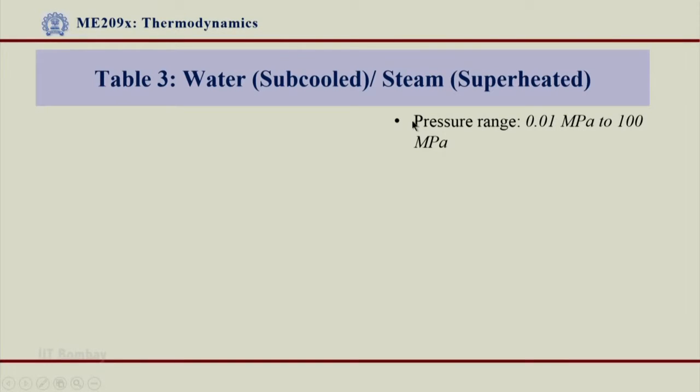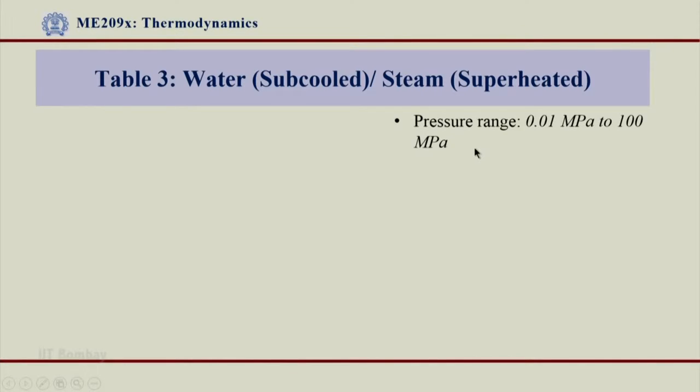In table 3, the information is given from the lowest pressure of 0.01 MPa up to 100 MPa. We have respective tables for each pressure: 0.01 MPa, 0.02 MPa, and so on up to 100 MPa. You can see the range of pressure is very high, it goes beyond the critical pressure. Critical pressure is 22 MPa, but here we are talking about pressures as high as 100 MPa.